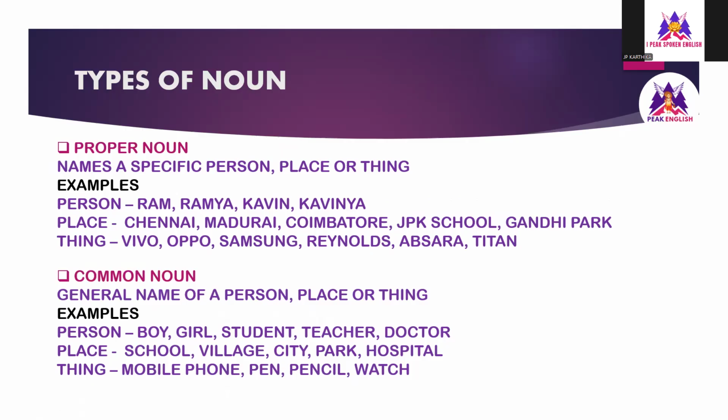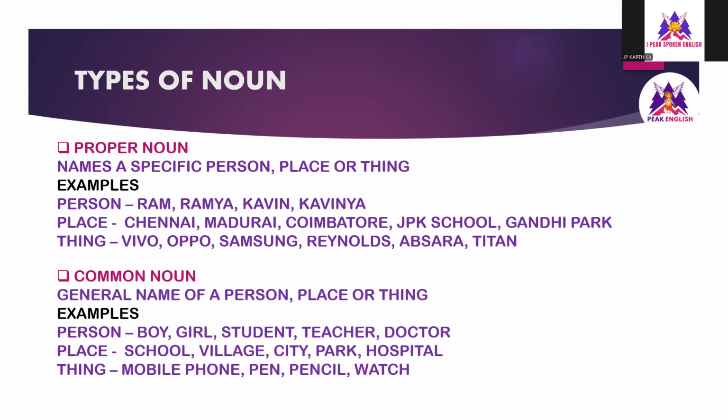Next is place. Place, school. ABC school, that is also a school. GK school, that is also a school. Alagappa, that is also your school, right? So school is the common name, general name given to all schools.